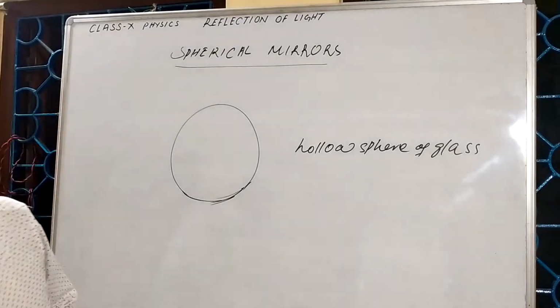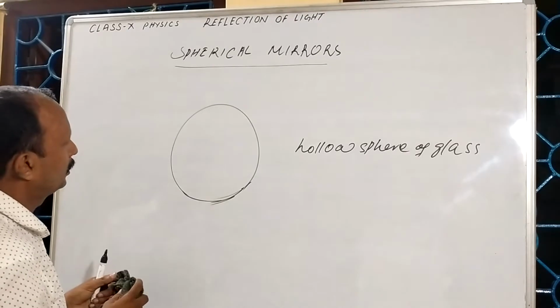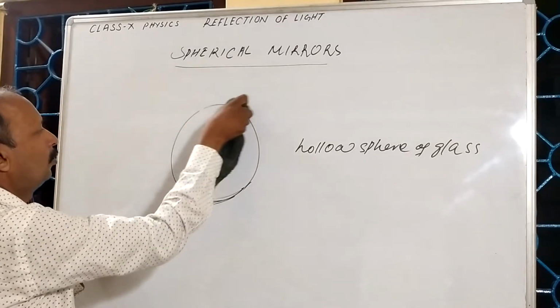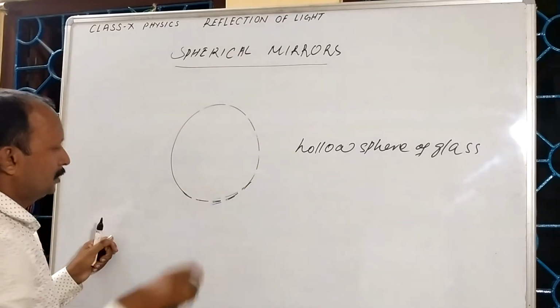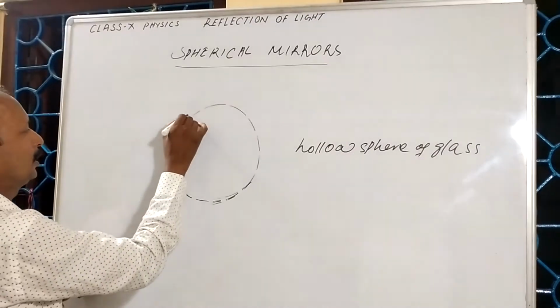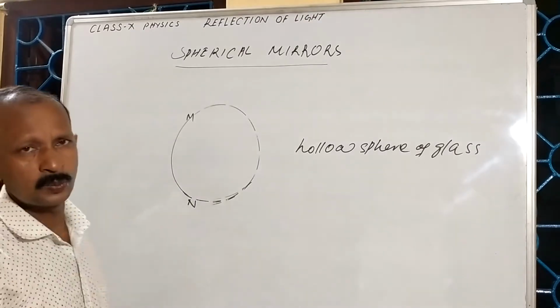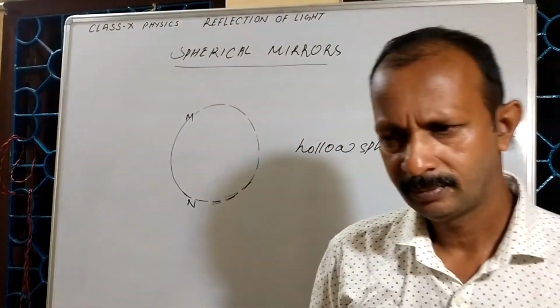Now, suppose from this glass I take one part. Suppose end to end, I am taking a part of a hollow sphere which is made out of glass.